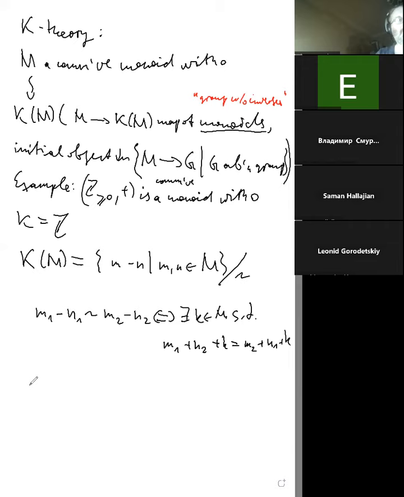Yes, and moreover, this functor is well, let's see. So we have a forgetful functor from abelian groups to commutative monoids.